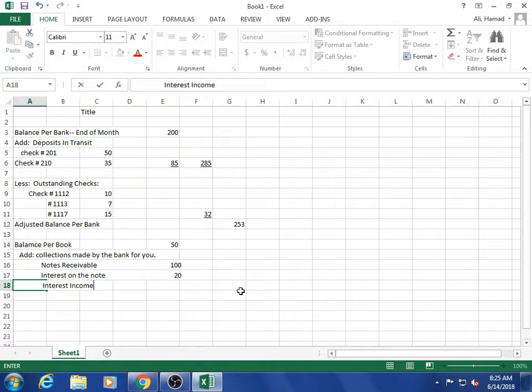That's a collection made. It shows on the bank, but it's not showing on their books yet. So let's say that the interest income is $10.